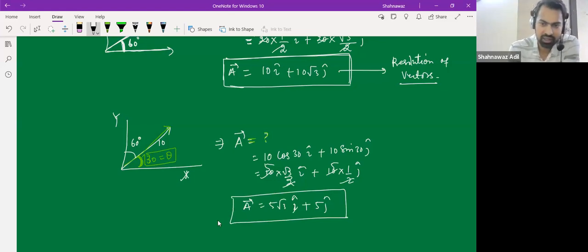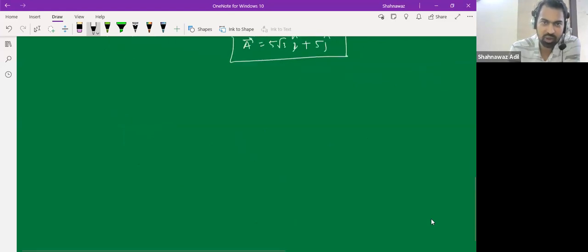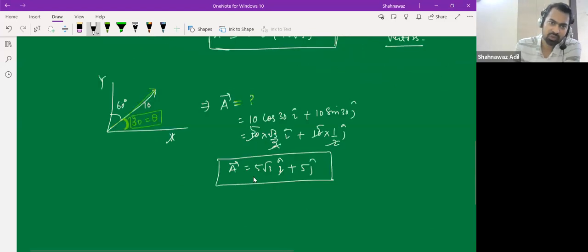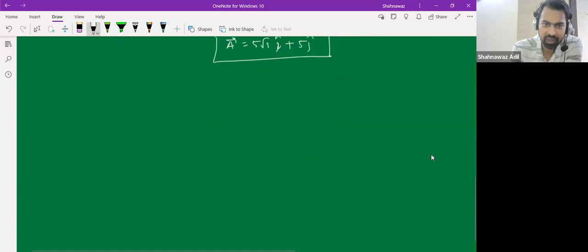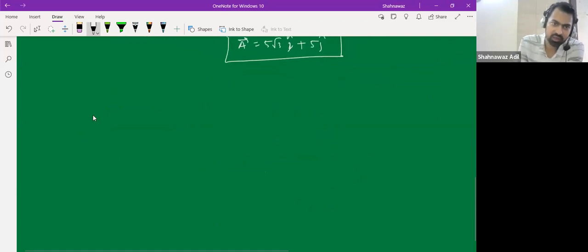Okay. And the second concept that I'm going to use is that this was in 2 dimensions. In 3 dimensions, we have x, y, and z, and you have a vector.